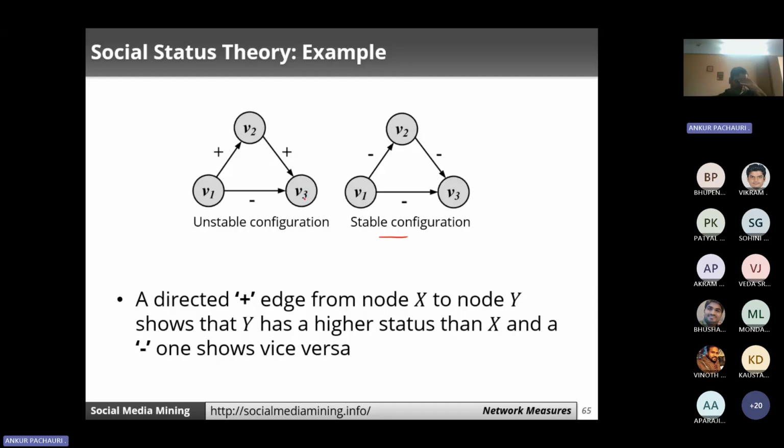Is it so? What I have said, sorry, I have confused myself. If this is younger, that means V1 is younger than V2, so that means V2 is older. And this is younger. Let me check. V2 is younger than V3, so that means even younger.